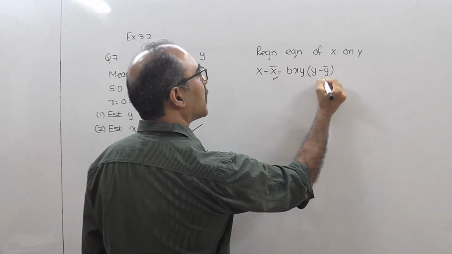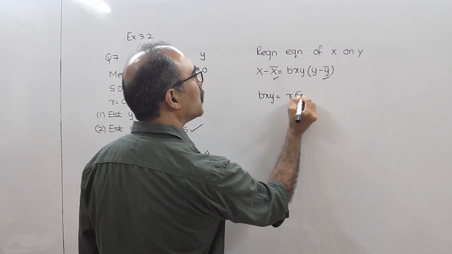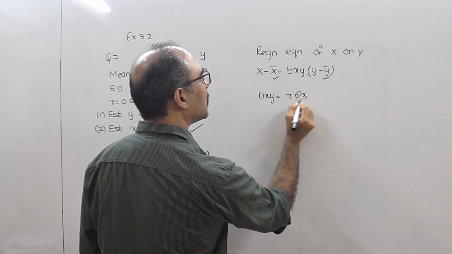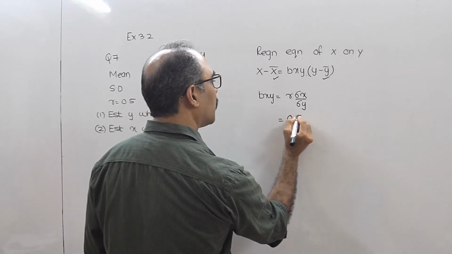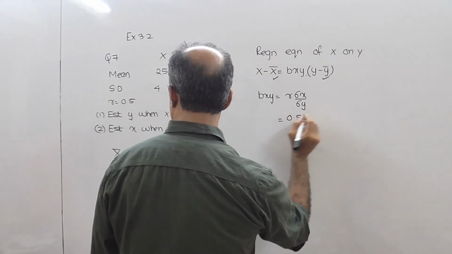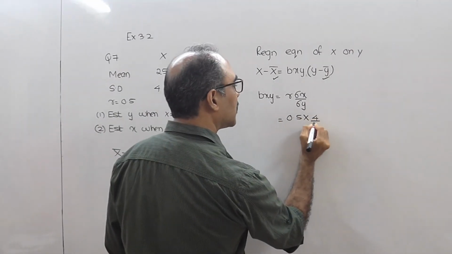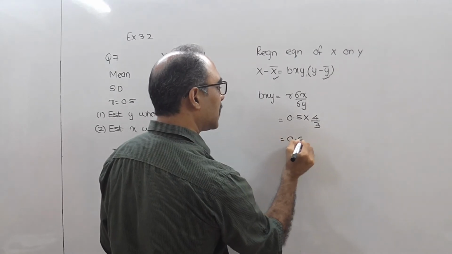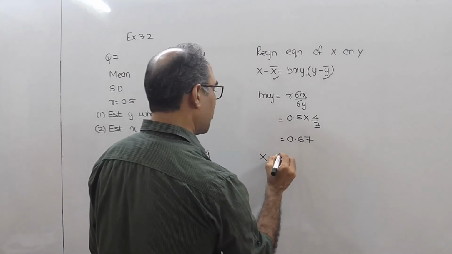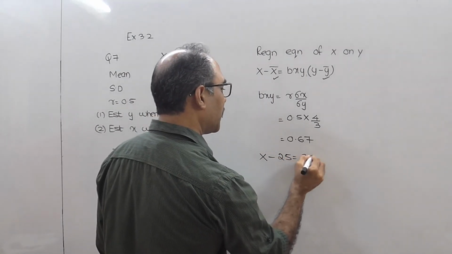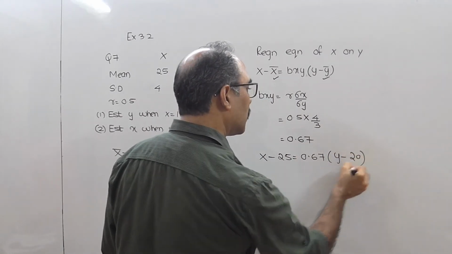We already know x bar and y bar, so bxy equals r into standard deviation of x upon standard deviation of y. r is 0.5 multiplied by standard deviation of x, 4, over standard deviation of y, 3. We get this as 0.67. So x minus x bar, 25, equals 0.67 times (y minus 20).